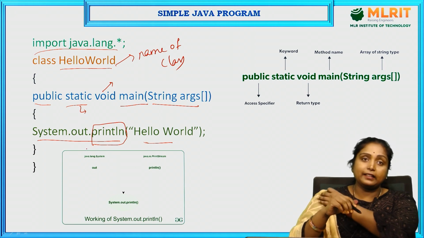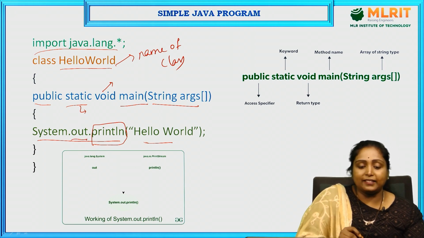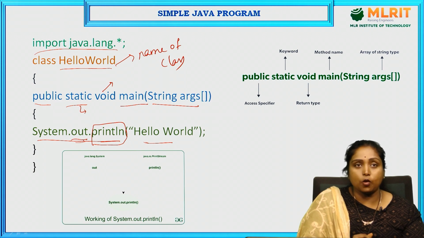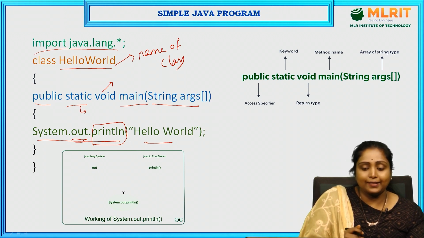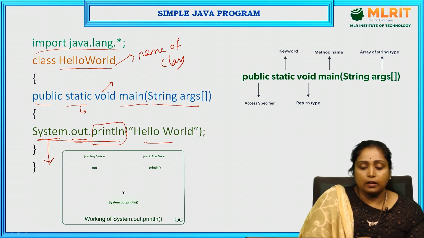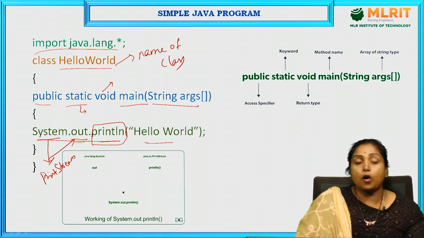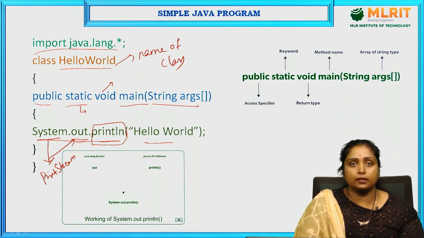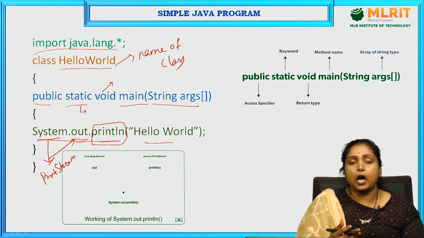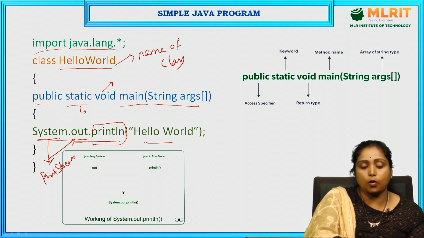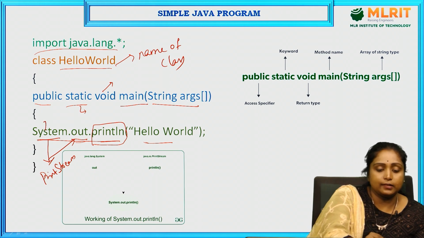We access this method using the out object, which is an object of the PrintStream class, and System is available in the java.lang package.